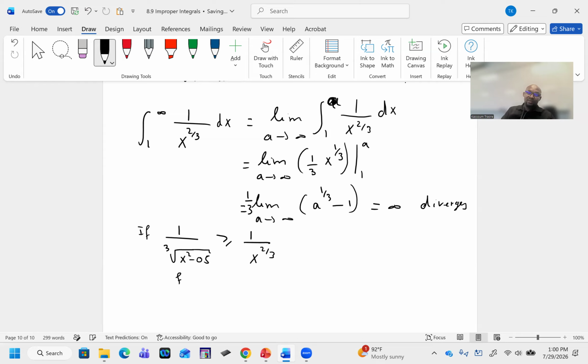So we just proved that the smaller one diverges. The integral from 1 to infinity of 1 divided by x to the power of 2/3 dx is equal to infinity, which means it diverges.